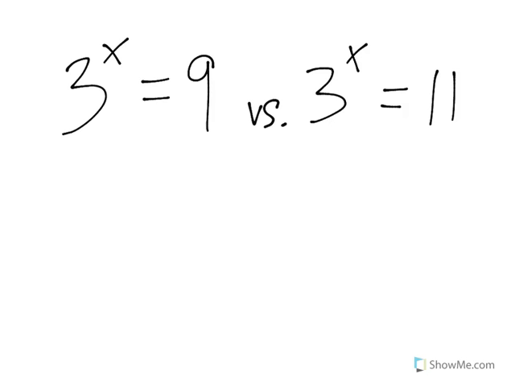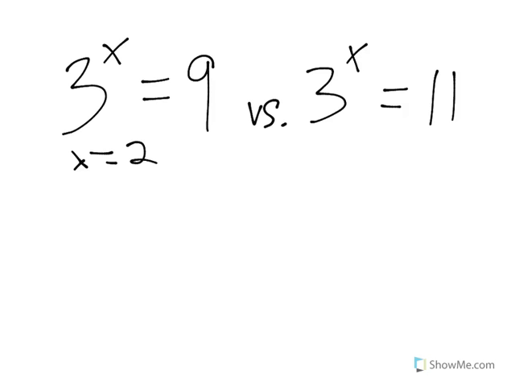So, if you're Paul, you already know the answer to the left one, it's 2, because 3 squared is 9. And if you're a calculator, you know 3 to the 2.182 equals 11, I think.